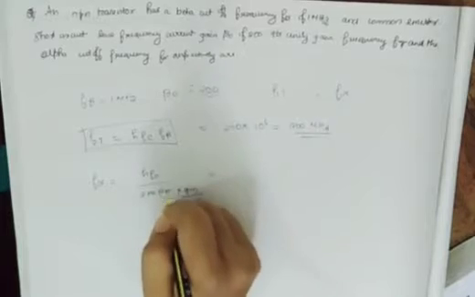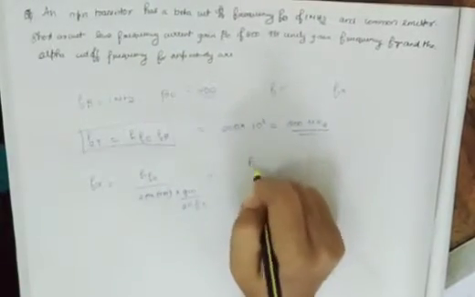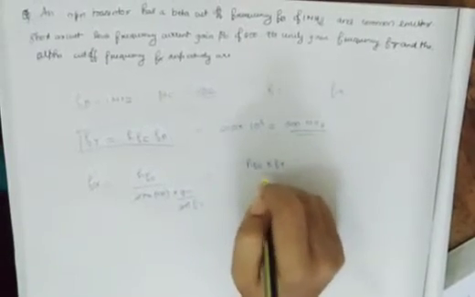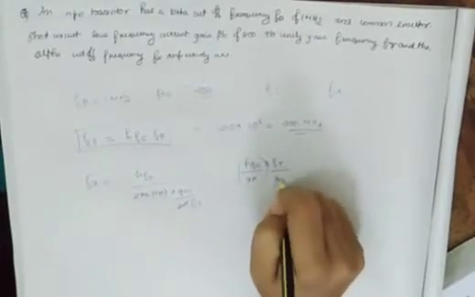Here r pi is the resistance between base and emitter. So that is equal to hfe into, 2 pi cancels out, ft divided by r pi, whole divided by gm.